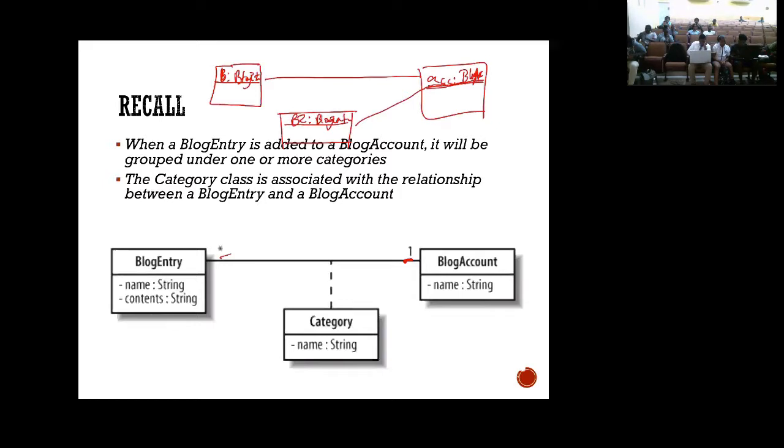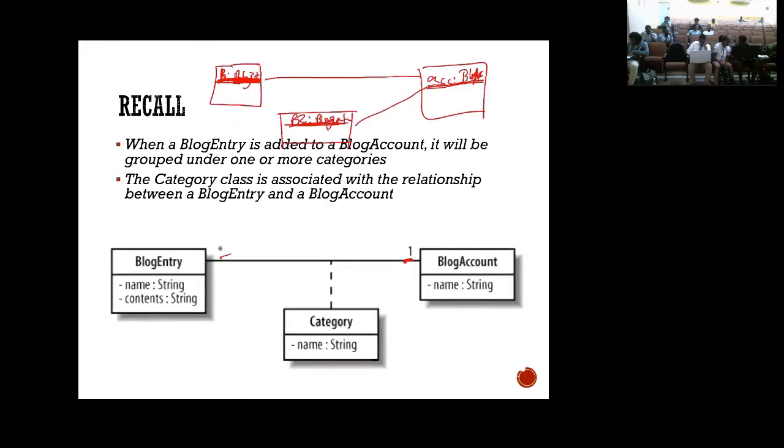So we're saying that this is valid, and the reason why it is valid is because we have this blog account referenced by ACC. That's the name of the account. And we'll have it connected to these objects. Let me just make sure I'm underlining them some kind of way.